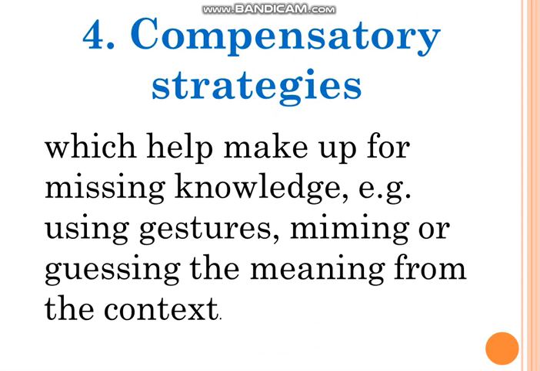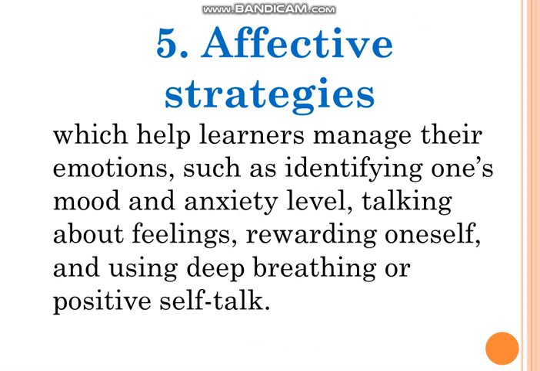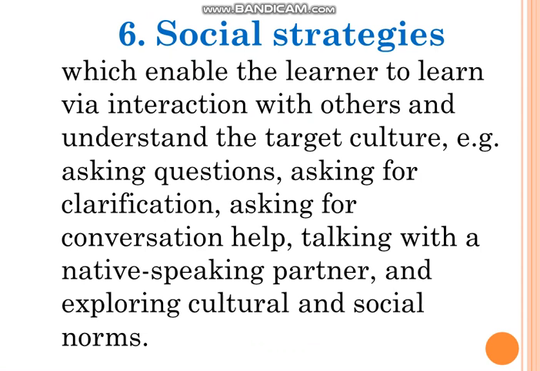The next is compensatory strategies, which help make up for missing knowledge. For example, using gestures, miming, or guessing the meaning from the context. The fifth, affective strategies, which help learners manage their emotions, such as identifying one's mood and anxiety level, talking about feelings, rewarding oneself, and using deep breathing or positive self-talk.